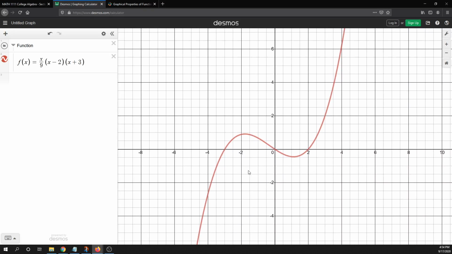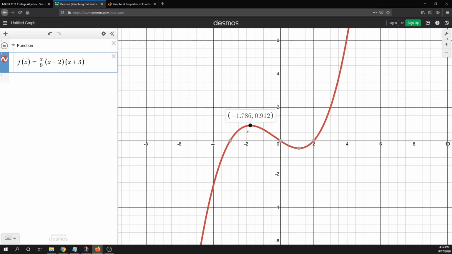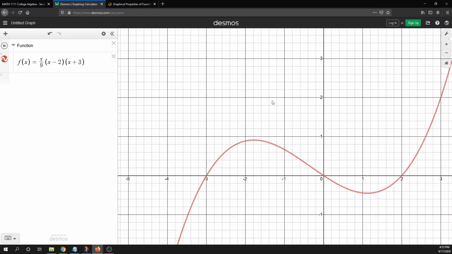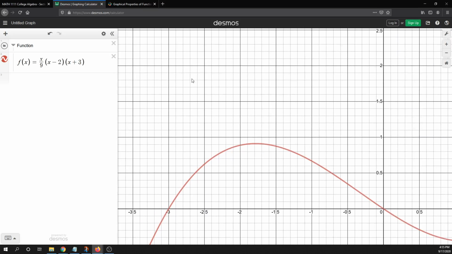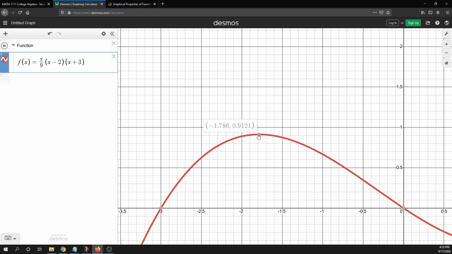One way to think about that is that this point up here at the very top of this hill is not the highest point on the graph. There are plenty of points on the graph that are higher than it. But it is a local maximum, and how I like to think about that is if I zoom in on the graph enough and keep that point in the middle. It can't be on the edge.